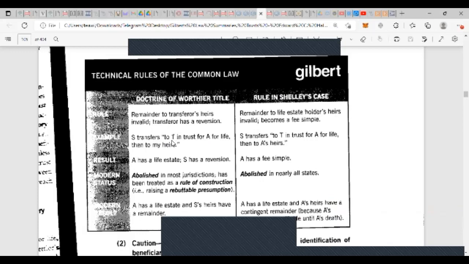If S transfers to T in trust for A for life, then to my heirs, A has a life estate and S has a reversion. Abolished in most jurisdictions, it has been treated as a rule of construction, i.e. raising a rebuttable presumption. A has a life estate and S's heirs have a remainder.